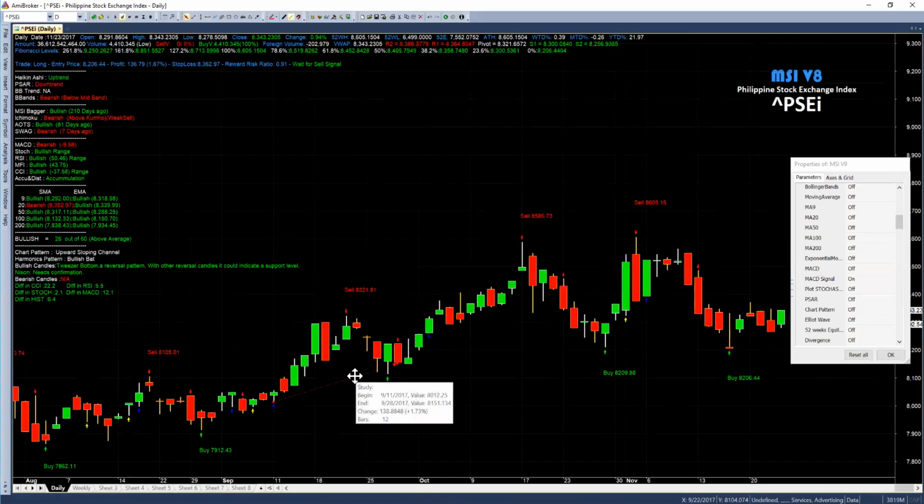Medyo maliit yung percentage kasi we are looking at the index. Pero using the other stocks, makikita nyo na profitable siya. Okay, so let's check also if you buy sa MSI signal, sa MSI indicator, and you sell using the sell signal, that will give you 4%.